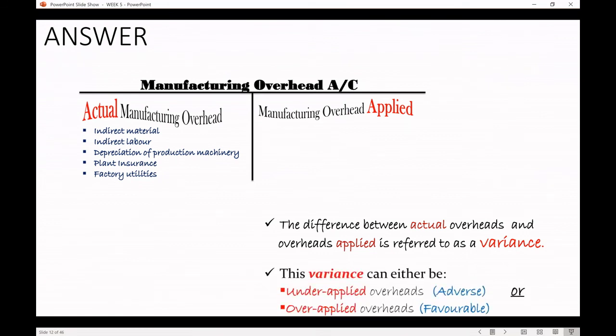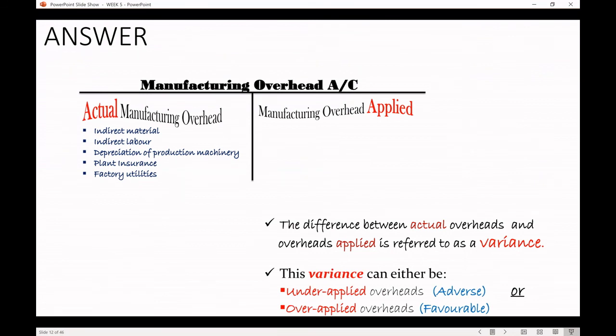The next point, this variance, which is the difference between the two, can either be underapplied, which is adverse, not favorable, because you don't want to be underapplied. Underapplied means you wouldn't have put aside enough resources for your actual cost.